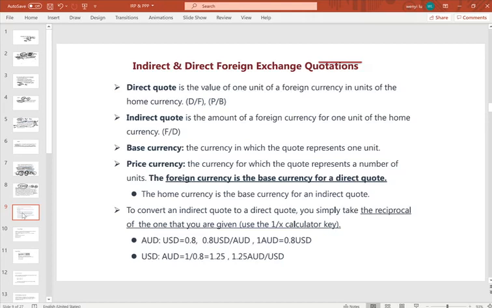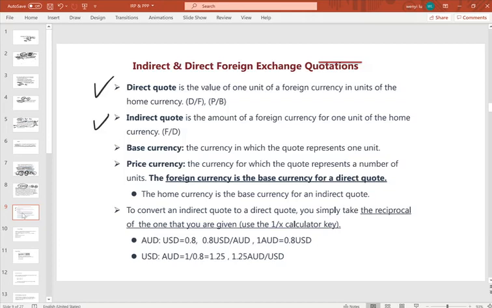Next one, we will review something about quotes. We studied two formats of quote, right? The first one is the direct quote. In a direct quote, we use our domestic currency as the pricing currency, so we price the foreign currency using the domestic currency.